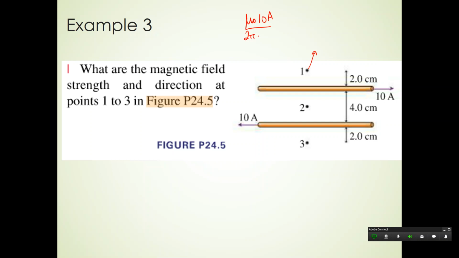And this would be minus, because it's going in the opposite direction, right? For the next one, which is mu naught times 10 amps over 2 pi multiplied by, and what's the distance to the second wire? 0.06. And that gives you some number. I'm not going to calculate it, but that's how you do it. The direction would be outward.